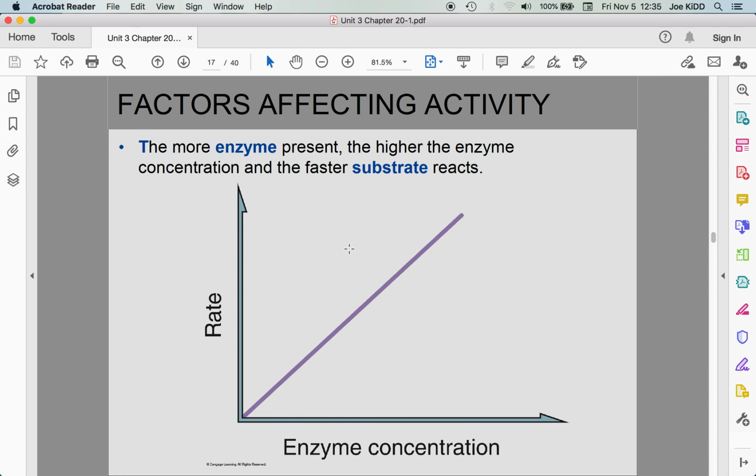Obviously, the first thing would be the concentration of the enzyme. So if we have more enzyme around, we are able to turn over more substrate in 1 minute. So it would make sense that we have a direct relationship here, that as we increase the concentration of the enzyme, the rate of turnover for that enzyme would increase as well.